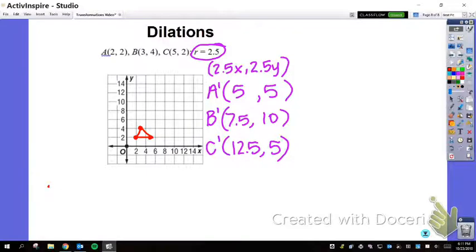So then our new triangle, we have 5, 5, so in between 4 and 6, and in between 4 and 6, so in the middle of the box. Then we have 7.5, which is going to be closer to 8, and up 10. And then we're going to have 12.5, which is in between 12 and 14, but closer to 12, and up 5. So there would be our new triangle.